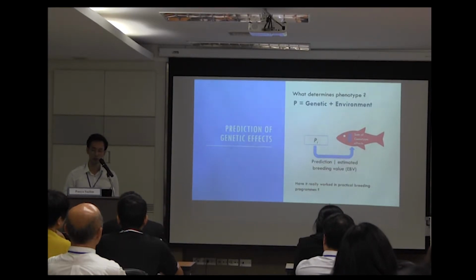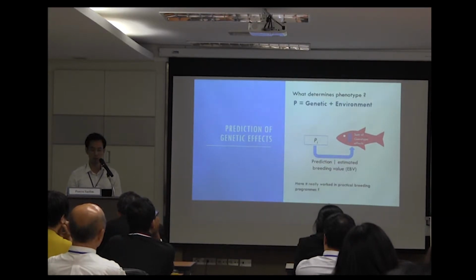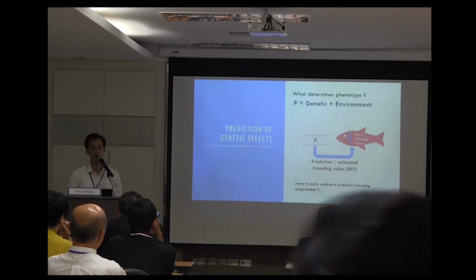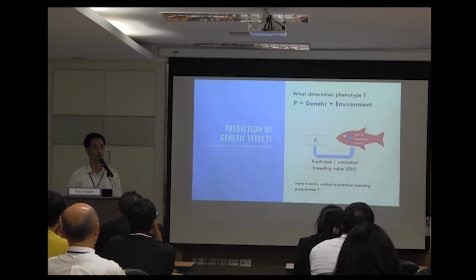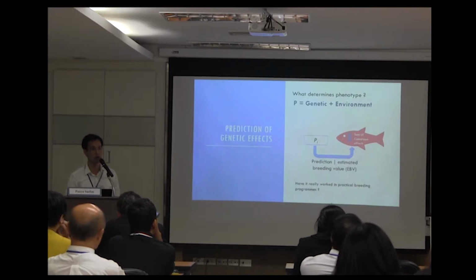And this prediction, we usually try to predict what we call the estimated breeding value, or EBV. We select on the EBV, and the question you might already have is: does it really work, because we don't know any pathway between genotype and phenotype? Is the prediction good enough to ensure that you get a good genetic gain?